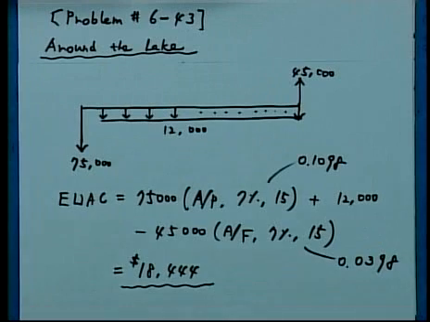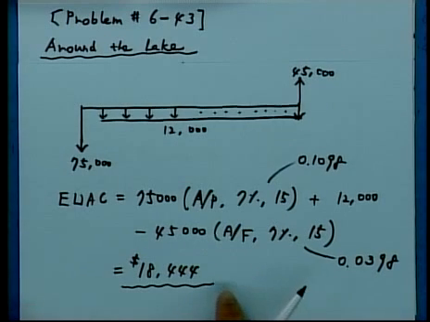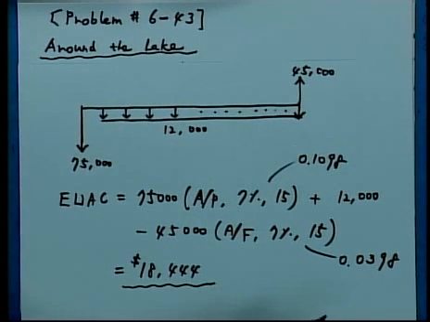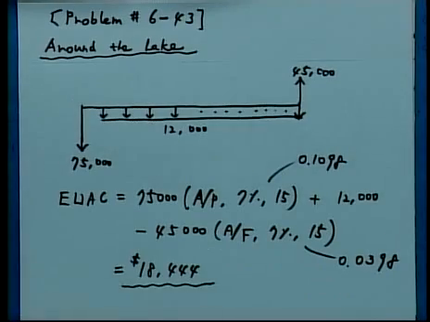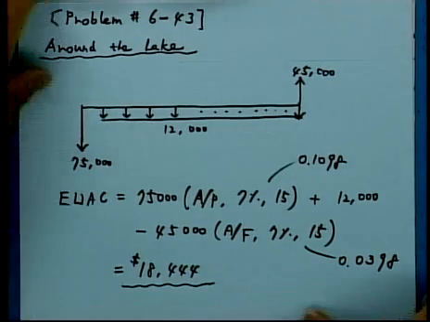So if the power line is routed around the lake, then the equivalent uniform annual cost would be $18,444.